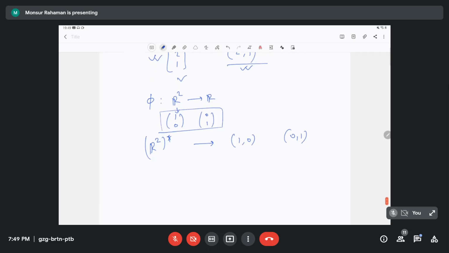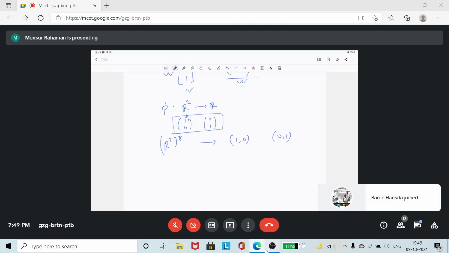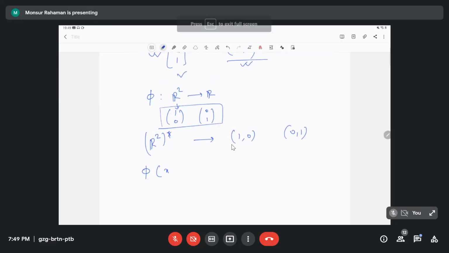You can check it, just apply the same rule. So we have to find phi 1 and phi 2, which we have previously imagined as 1 0 and 0 1.